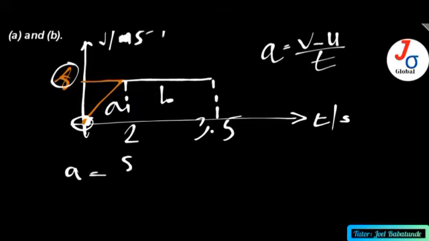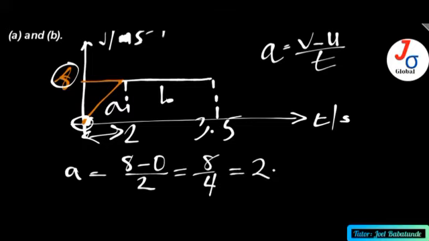So that's 8 minus 0 divided by the time it takes, which is 2 seconds. 8 divided by 2, and that's 4 meters per second squared. That's the acceleration.